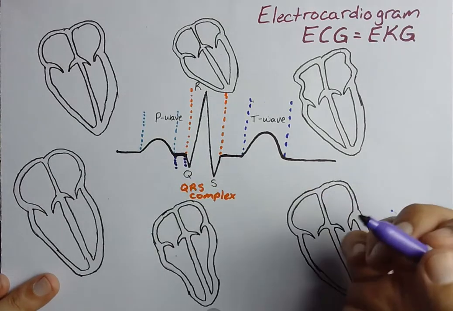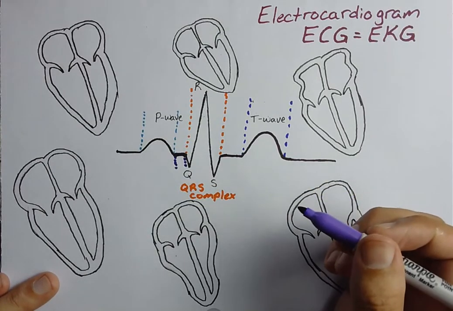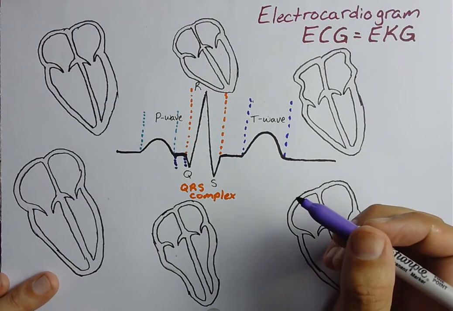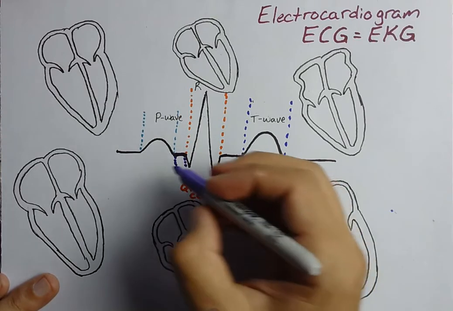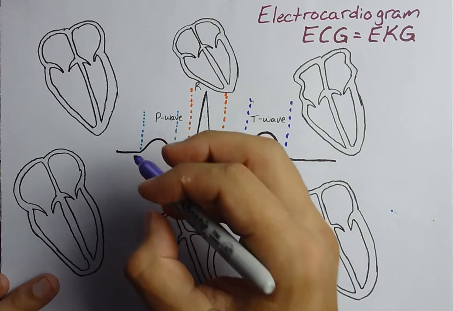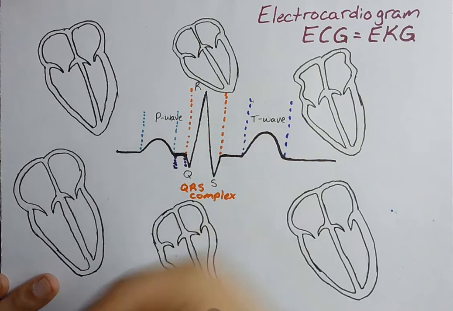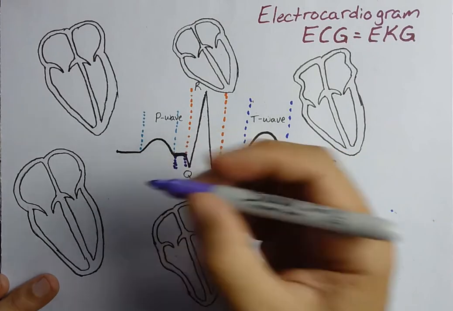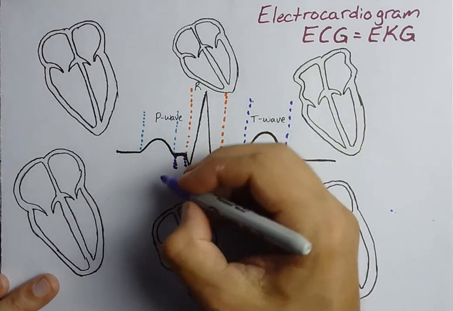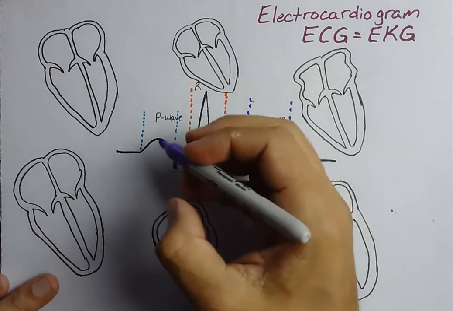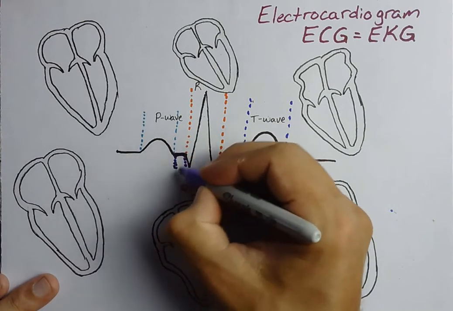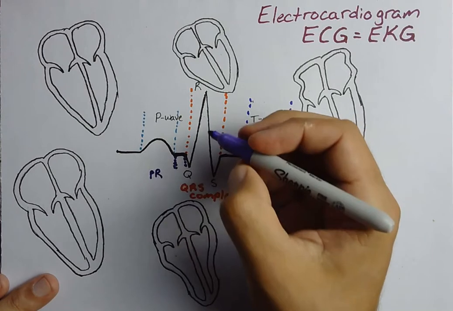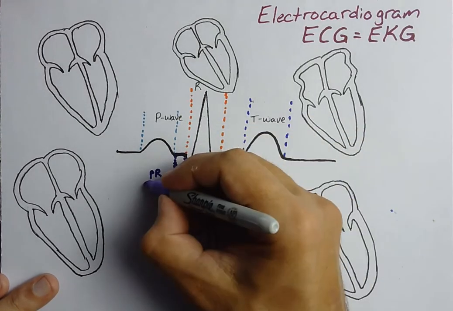In some textbooks this is called the PR segment, and in some it's called the PQ segment. We're going to keep it simple here. Most of the textbooks I have looked at call it the PR segment. Doesn't mean that I'm always right on all this stuff, so always go with what your professor is teaching. So this region right here is the PR segment.